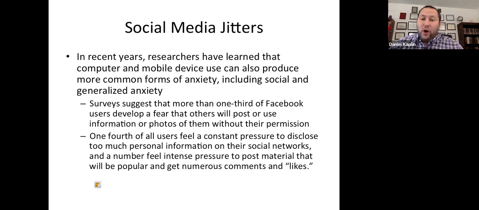And about 1/4 of people feel a pressure to share information beyond their comfort zone. So social media is now another platform where people are starting to develop a social anxiety. And there's a pressure as to how many likes or comments a person gets.